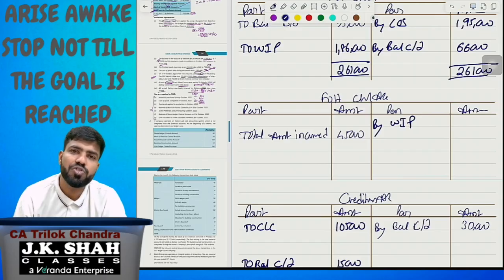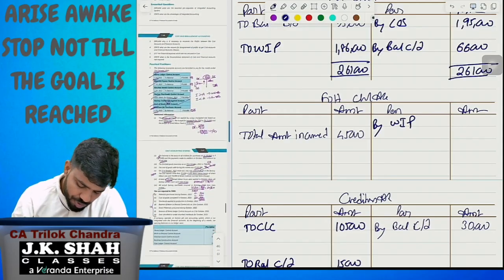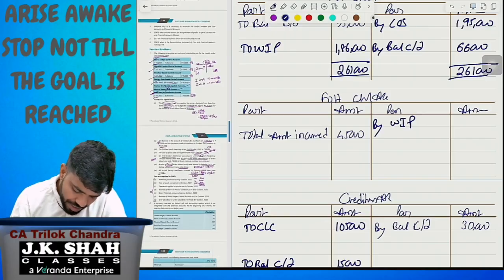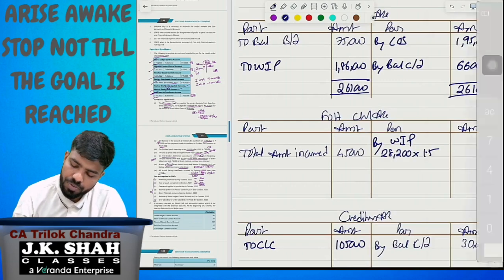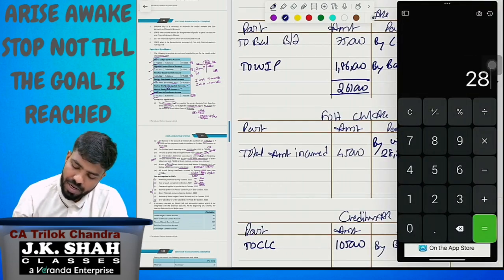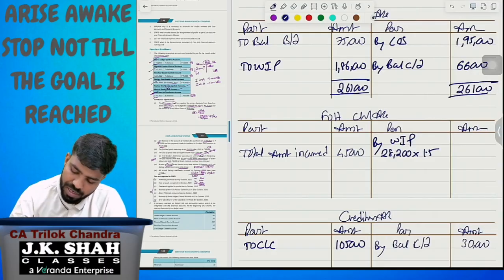How many labor hours were consumed in October 2022? Look here, point number 6. 28,200 labor hours consumed. So 28,200 labor hours into the overhead absorption rate of 1.5 comes to 28,200 into 1.5 equals 42,300.